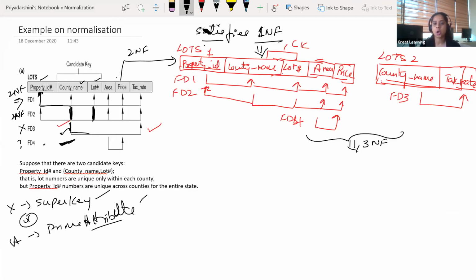Now, can you tell me in lots 1, is there any FD that is violating 3NF?